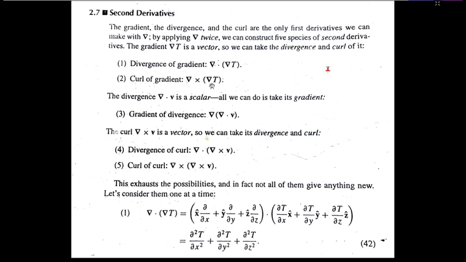So I am executing both del dot del T and del cross del T. Del cross del T is the curl of a gradient, and del dot del T is the divergence of a gradient. Okay, let us see what it is.